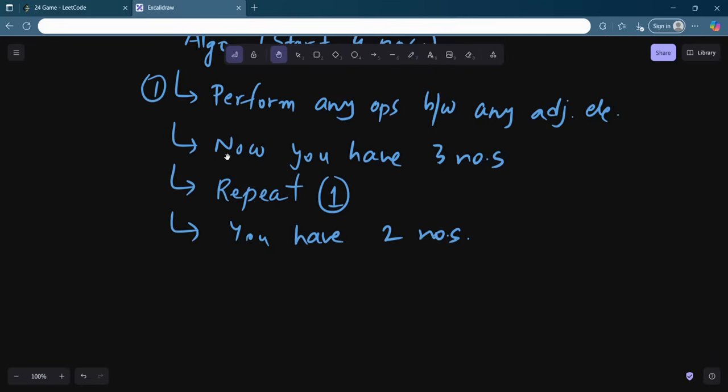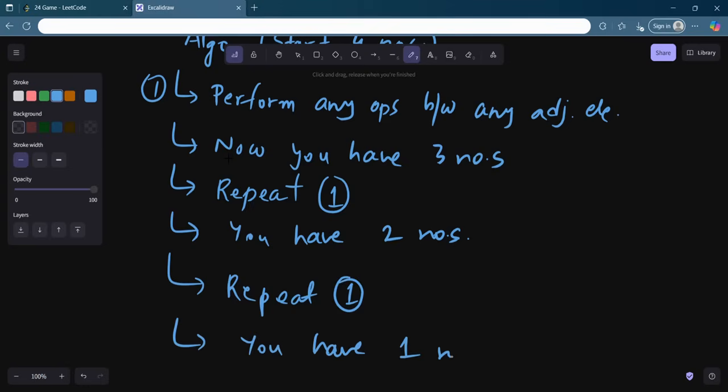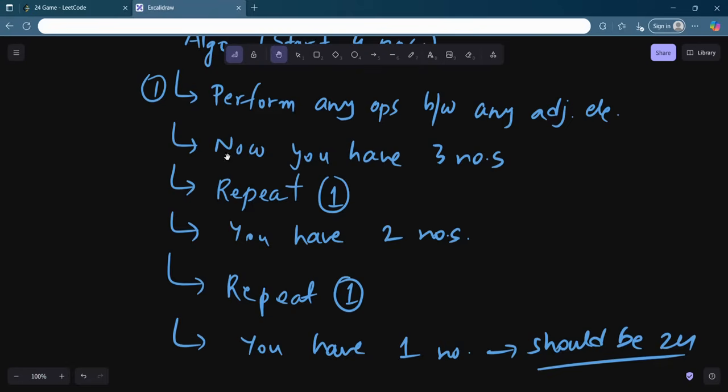You repeat step 1 again, and now you have 1 number, which should be 24, or as close to 24 as possible. So this is the algorithm which you can think of, and you need to repeat this algorithm.